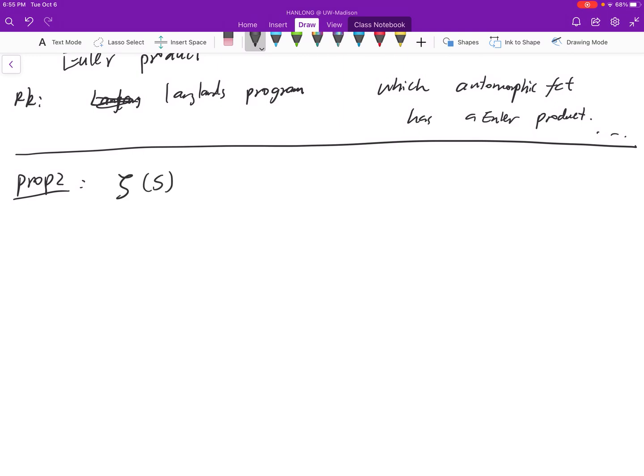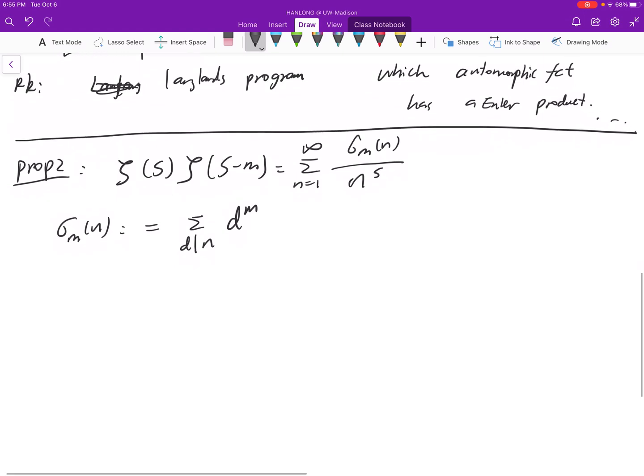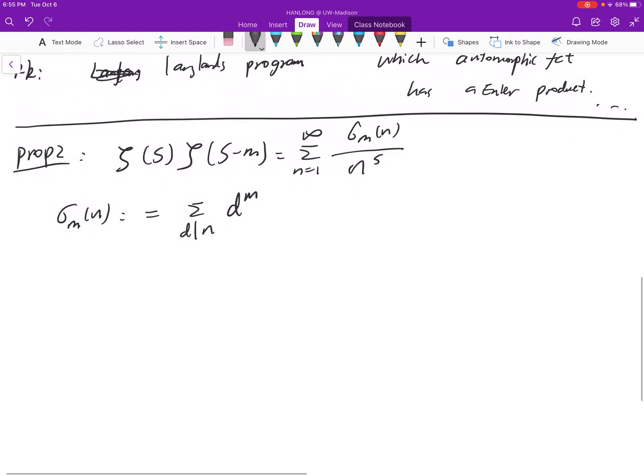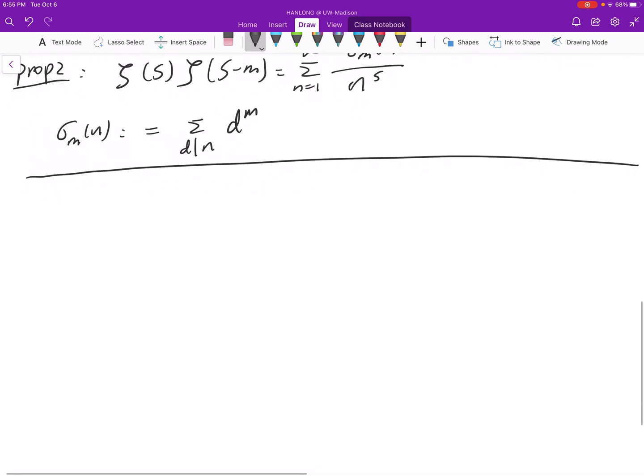Then you have ζ(s) times ζ(s minus m), which equals the sum over n of σ_m(n) over n^s. So σ_m(n) is defined by the sum of the m-th powers of all the factors of n. This is also elementary number theory, so I'm not going to prove it.